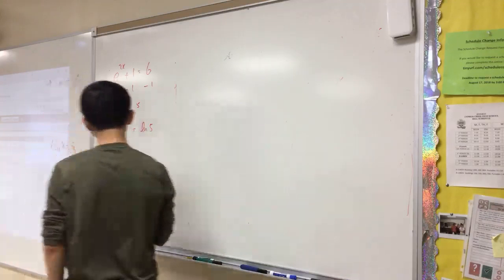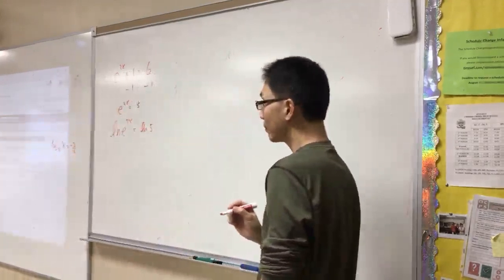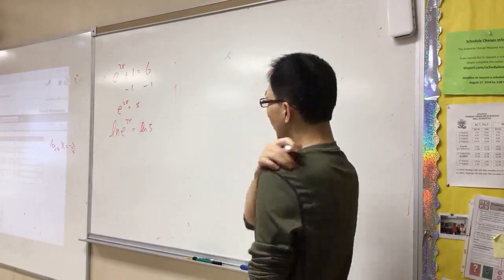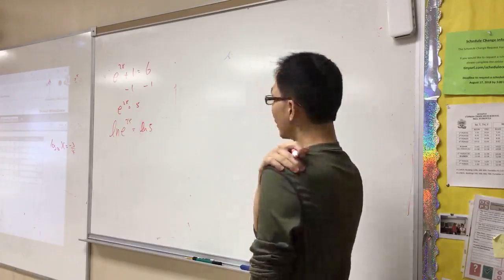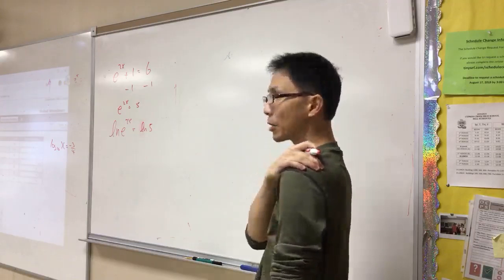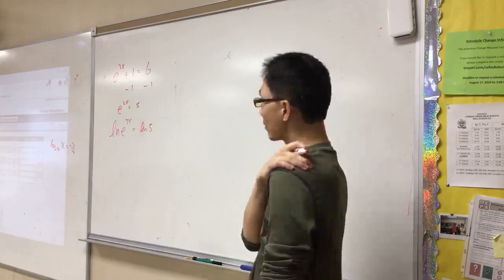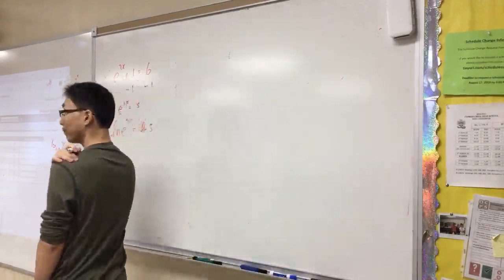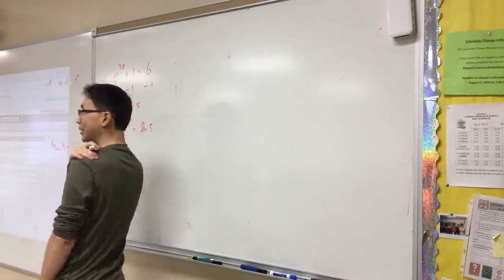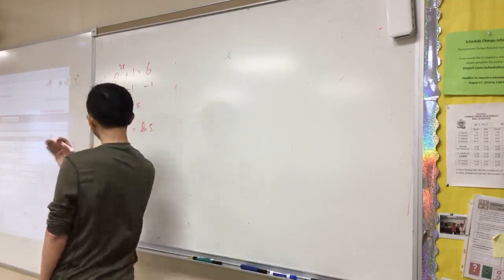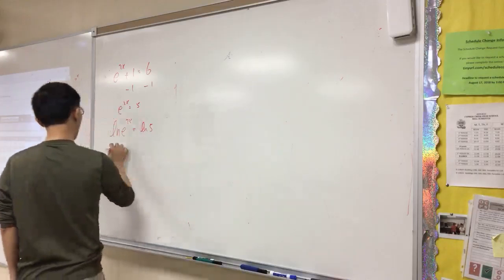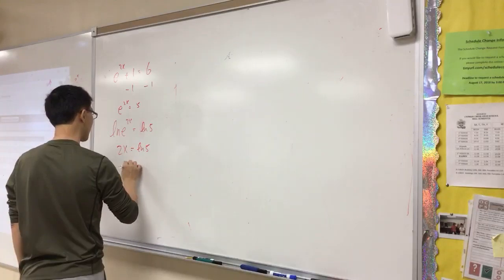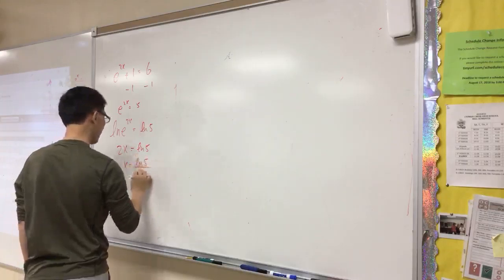You must do something on one side, you must do the same on the other side, right? So just write natural log on both sides. And you don't divide by natural log. Natural log of e to the 2x is going to be what? They're next to each other, right? So that's going to give you 2x is equal to ln of 5. x equal to ln of 5 over 2.